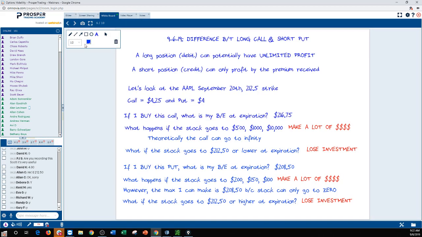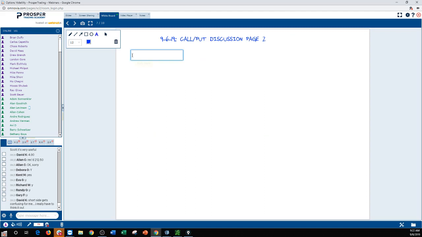The Apple September 20th, 212.5 strike call equals 4.25, put equals $4. So we have the exact same scenario here.